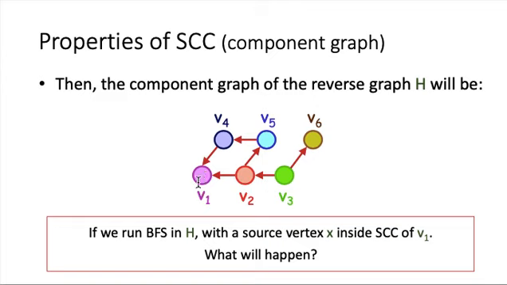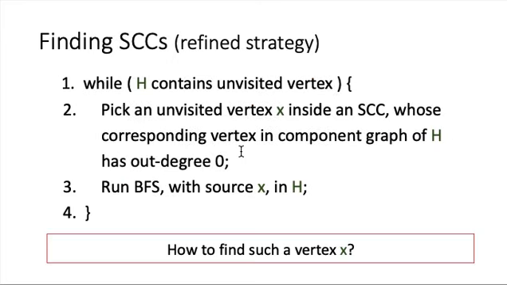After that, we will run BFS on this, and all the vertices here will be visited. And if you run BFS here, then all the vertices here will be visited. So we will repeat this process each time. We will visit all the vertices in a certain SCC, and then we repeatedly find an unvisited vertex.